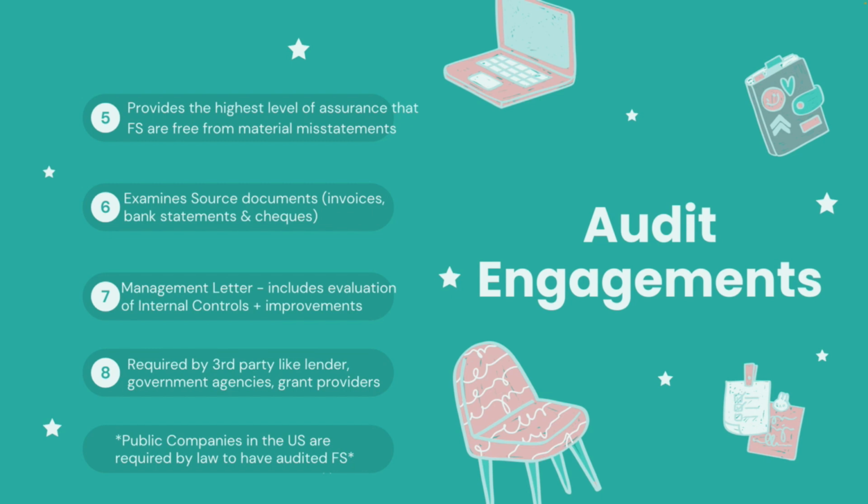This could also be required if you're planning to sell your company. Even if you're a private company, you're not required by the government to have an audit engagement. If there was a buyer of your company and they want to do some due diligence, they may ask for this. Also, if you did want to sell your company, it may be beneficial for you to just get this one done off the bat, and then have it prepared so you could just hand it out immediately.